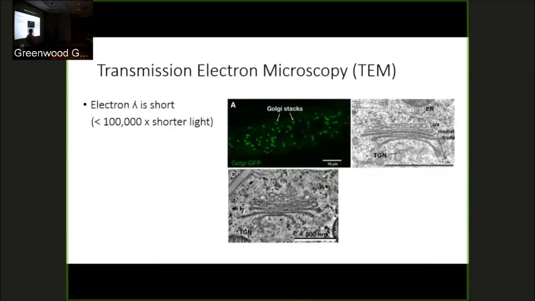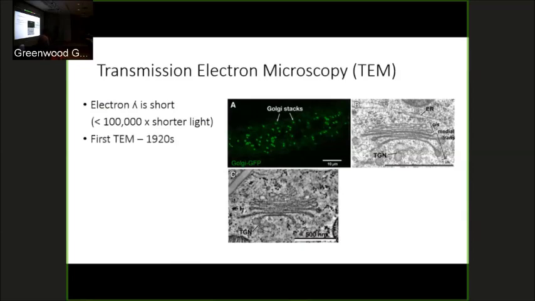Well, first, the electron wavelength is far shorter, 100,000 times shorter than that of visible light. And so, whereas when you image a cell and look at the Golgi stacks with a confocal microscope, you see these dots that represent the entire Golgi apparatus, but you cannot hope to make out the individual cis trans Golgi stacks. And so that's what we can see here with EM.